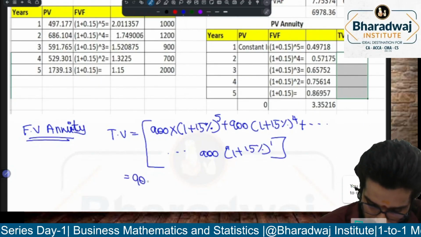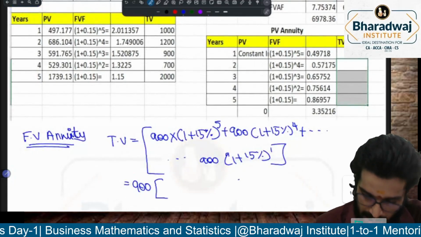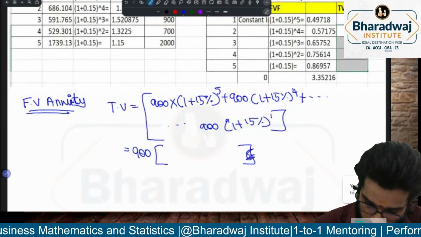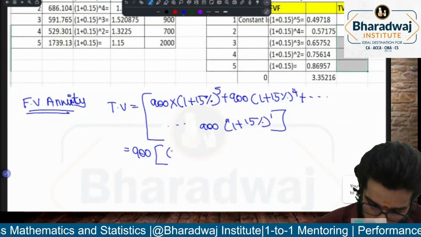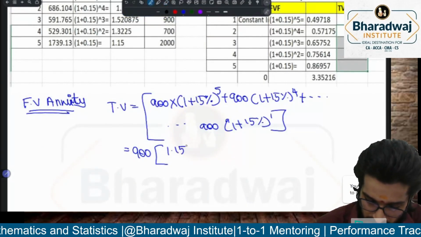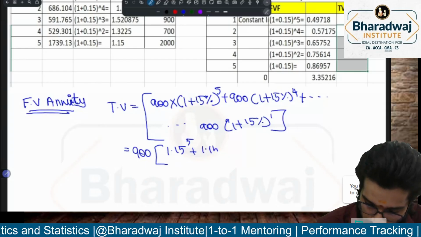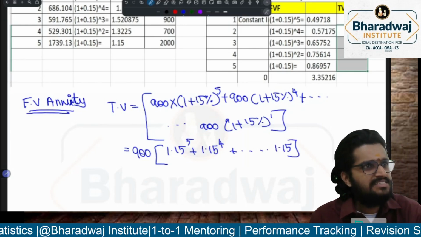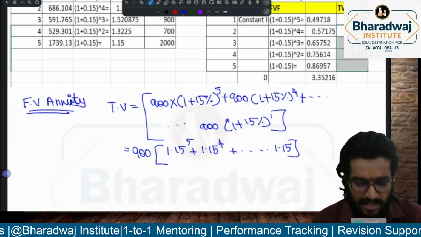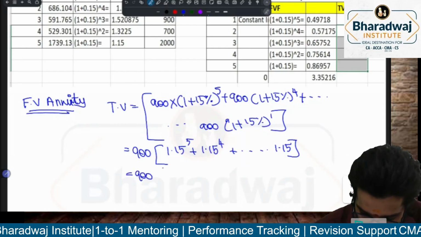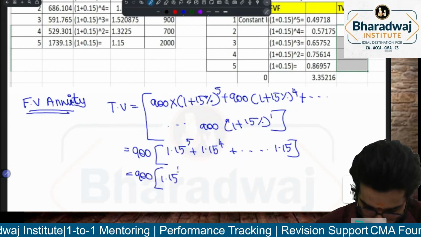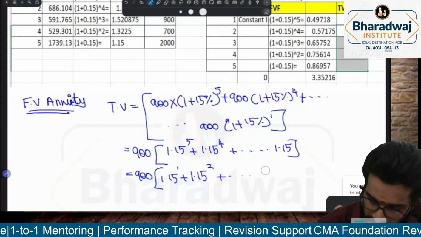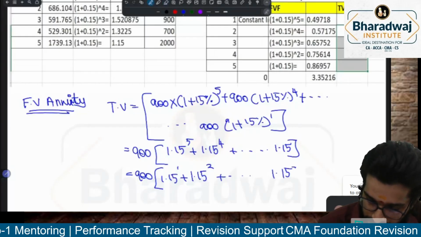So it will be 900 multiplied with 1.15 power 5 plus 1.15 power 4 and goes on. It's in descending order. What if I write it in ascending order? 900 multiplied with 1.15 power 1 plus 1.15 power 2 plus and goes on till 1.15 power 5.